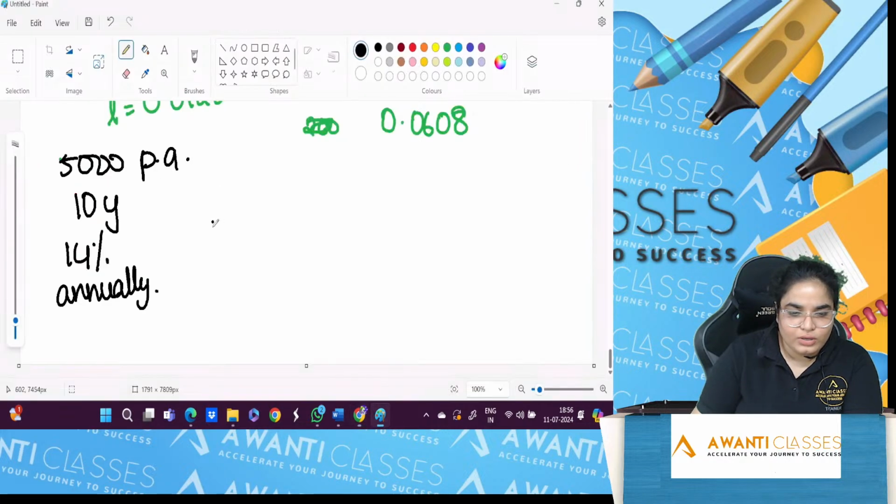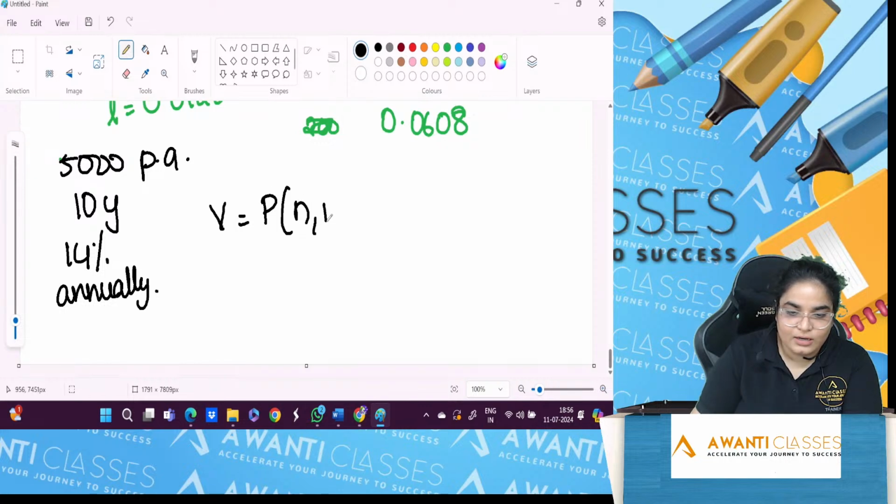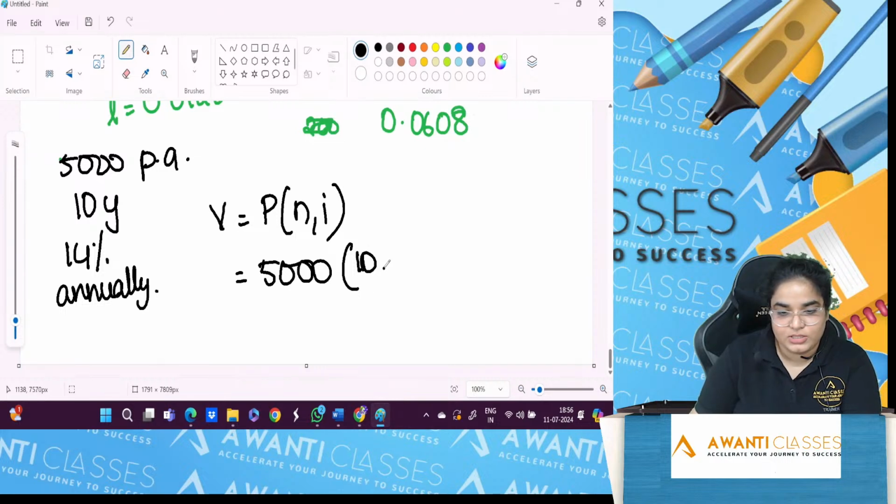Okay. So can we do this like this? V is equal to A into P of N and I. P is what here? 5,000. N is what? N is 10 by annual payments. I is what? 14 or 0.14.